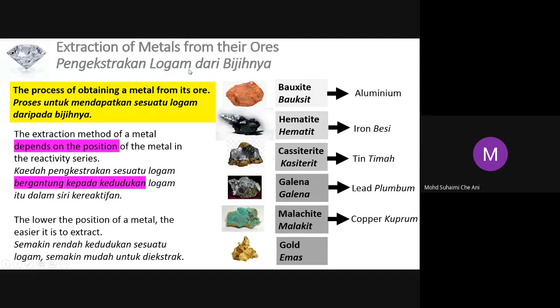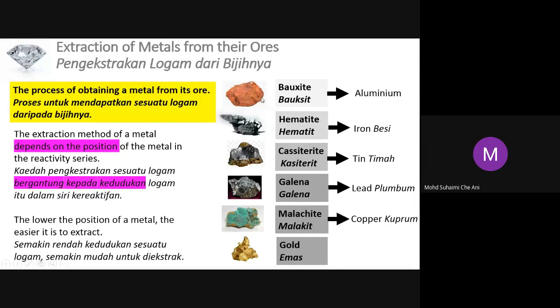So in this chapter, you will learn about extraction, which is getting the metal from its ore. You want to get the pure metal from its mineral, from its natural compound. We already learned about all of these minerals.